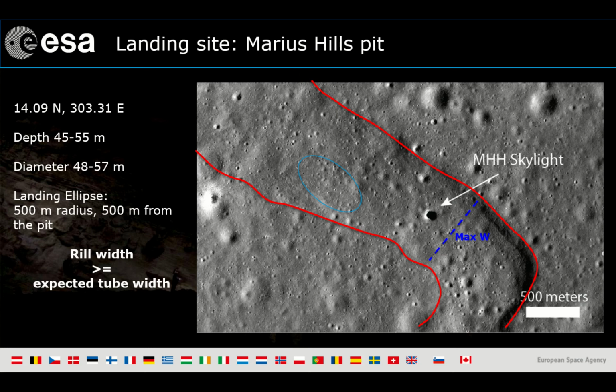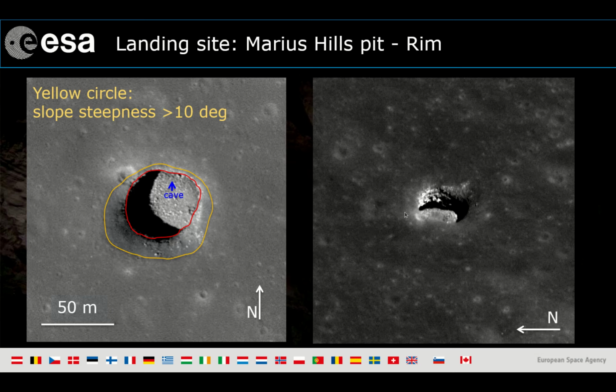This is where we have to send the probe safely down, and on the ground the cave should be explored for at least 200 meters depth, so it's this area. On the surface there is a sloped area around the crater.